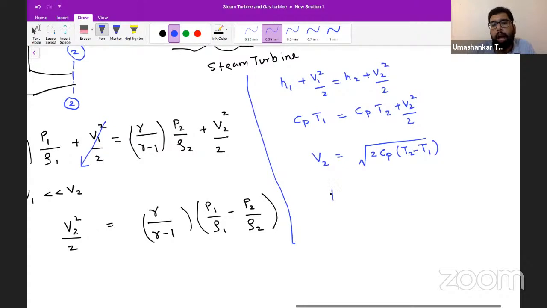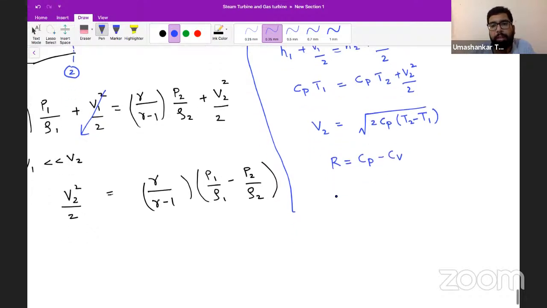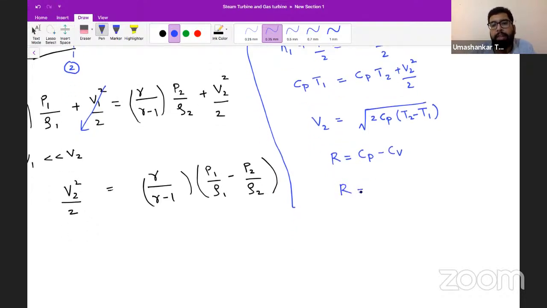And you know R is equal to Cp minus Cv. Don't you know that? All of you know that. We know that gamma is equal to Cp by Cv, which means Cv is equal to Cp by gamma.